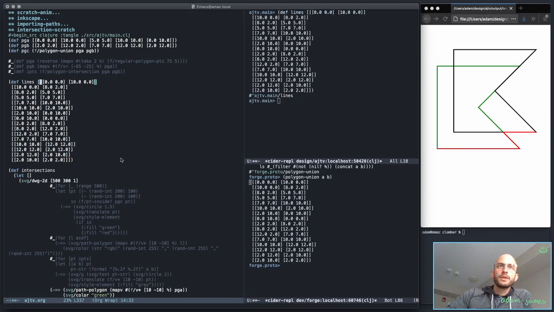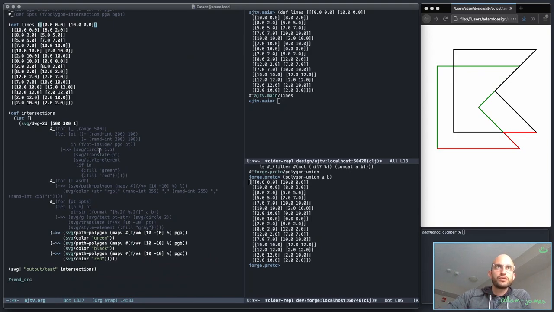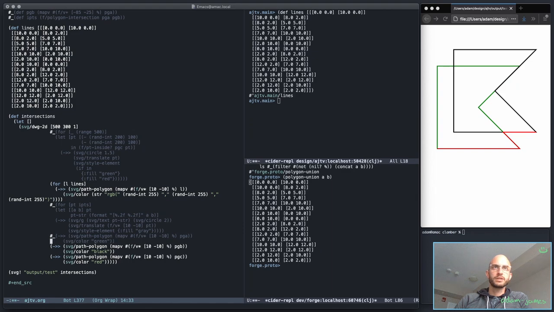Okay, and then I draw those lines for L in lines here with a random color, and I just want to hide these because I don't really need them at the moment.